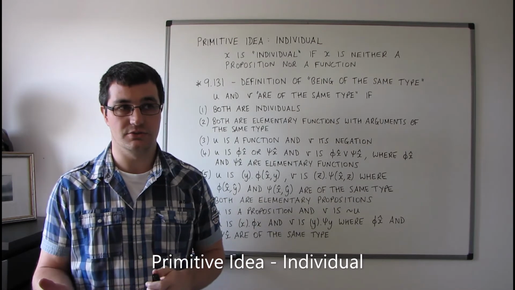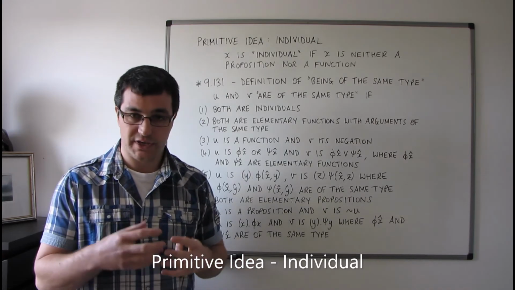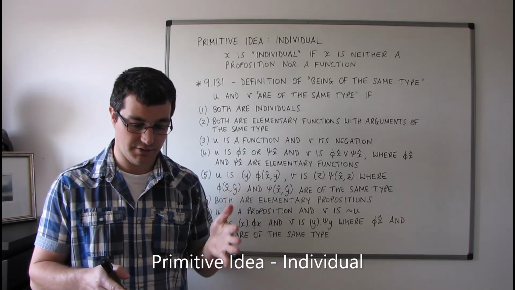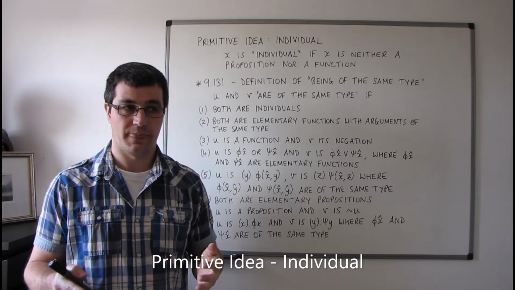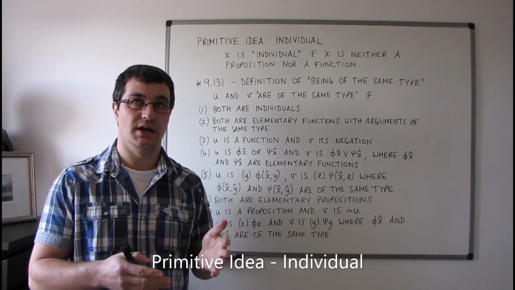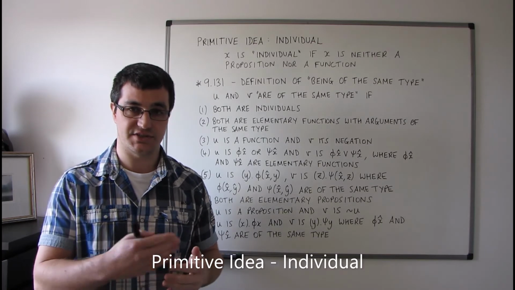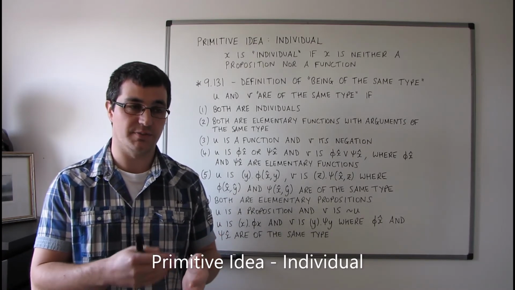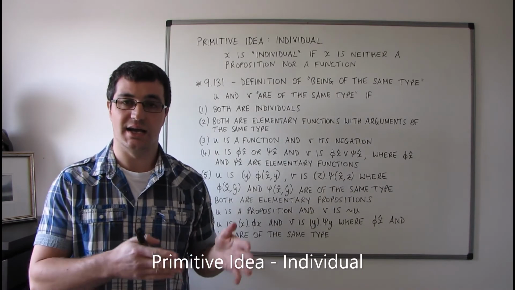Once we get onto section 24, there will be a proposition which effectively says that the null class is not equal to the universal class. In other words, nothing is not everything. So if nothing is not everything, there must be something that is nothing. Therefore, there must be at least one individual, because the members of our classes are individuals.